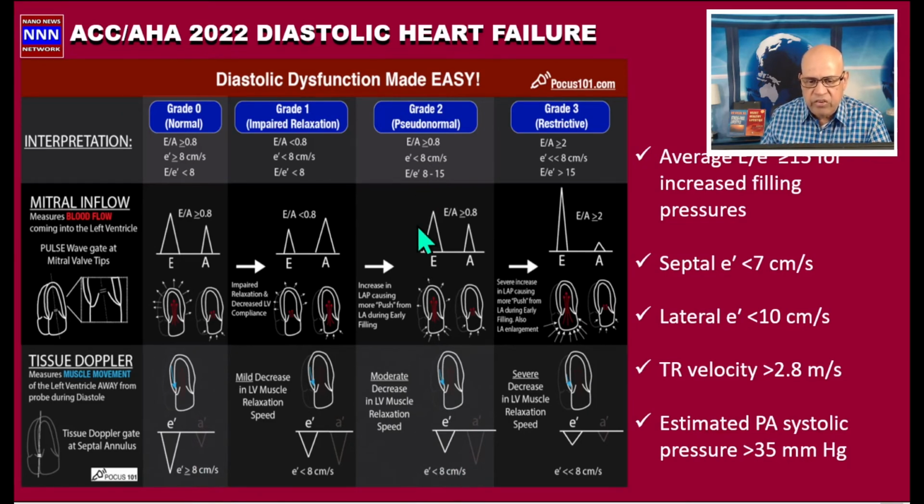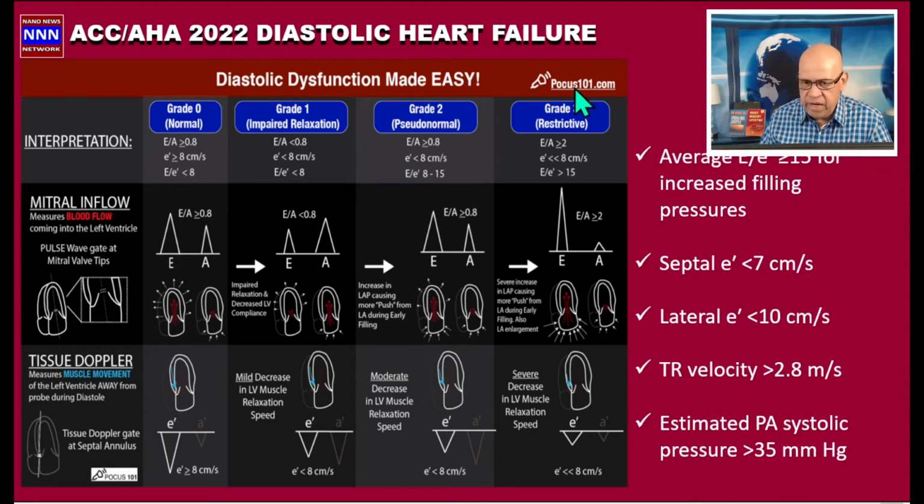So this one looks exactly like grade 0 in the mitral inflow, but the difference is in the tissue Doppler, where the E prime has significantly decreased. As a result, the E prime is less than 8 centimeters per second, so your E to E prime ratio is between 8 and 15.